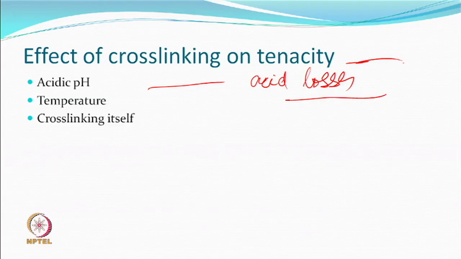For example, if you do not use a cross-linking agent, and just have acid and temperature, you will get a loss higher than when you have a cross-linking agent. The cross-linking itself is supposed to bring some loss, but that depends on which fiber we are talking about.